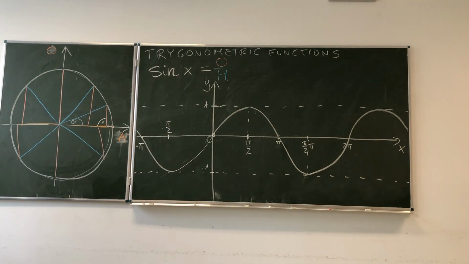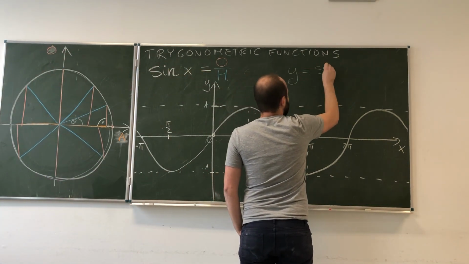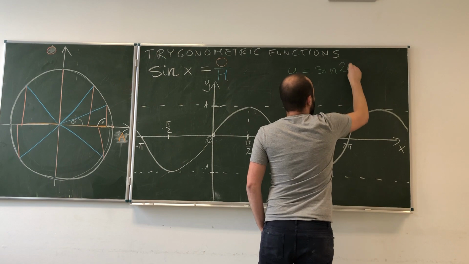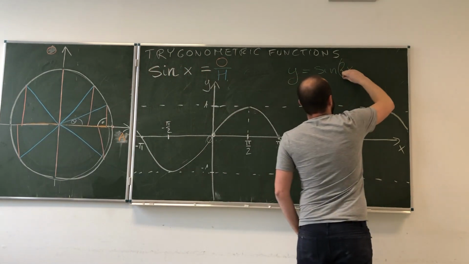But let's also practice some transformations of this function. And the first one I want to try with you is how would we draw a function y equals sine 2x. And this 2x is inside.